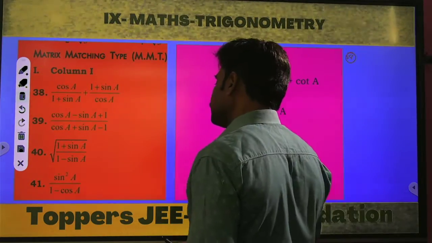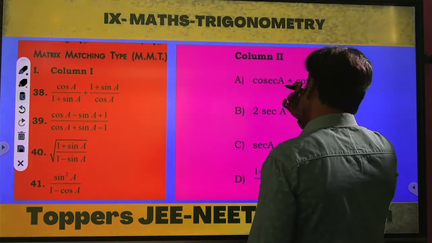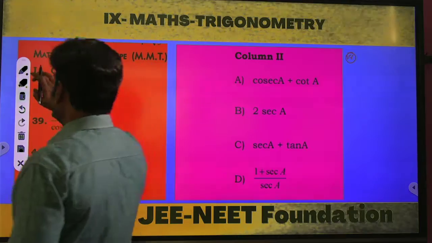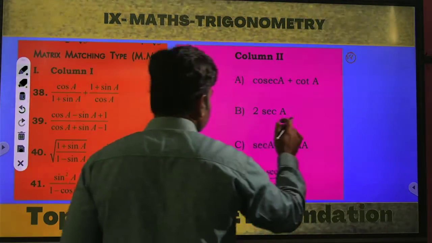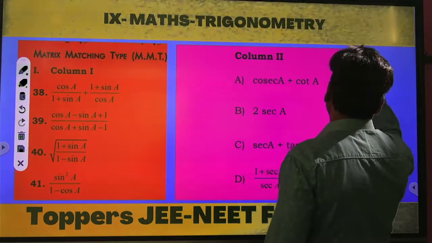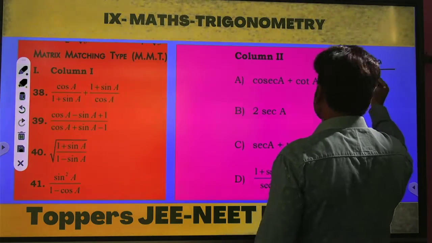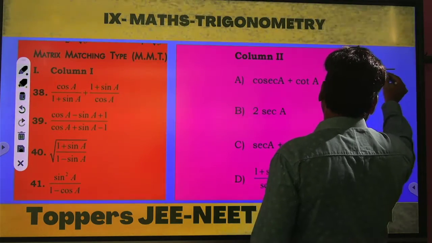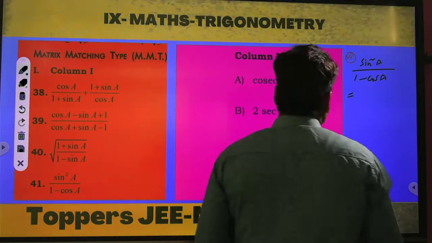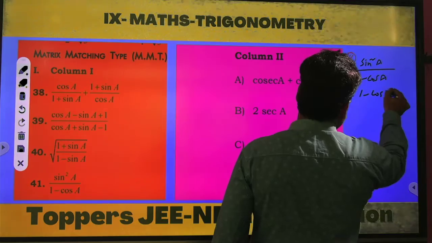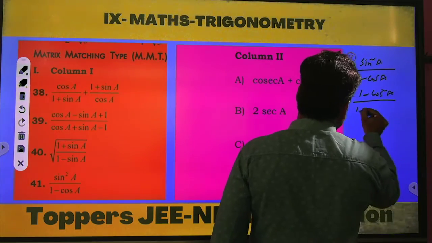In that last one, sin square a by 1 minus cos a. Sin square a can be written as 1 minus cos square a by 1 minus cos a.